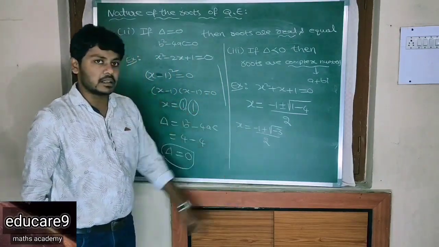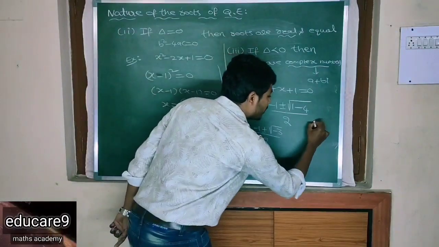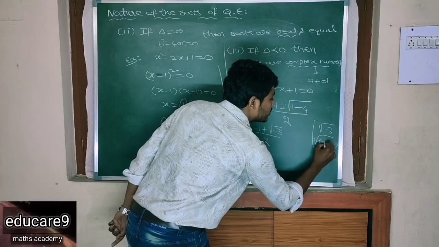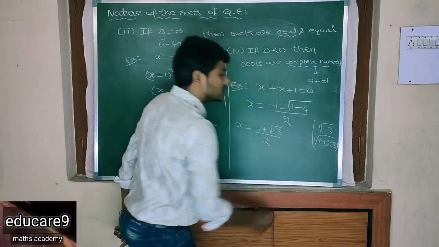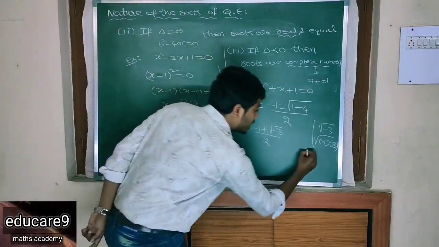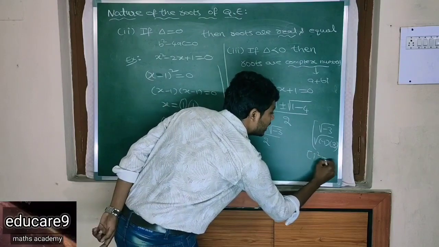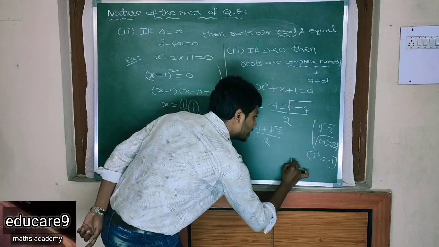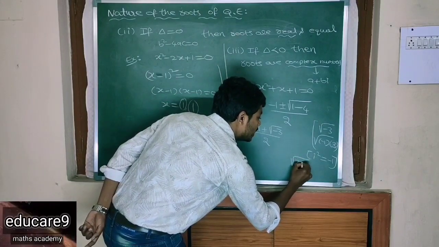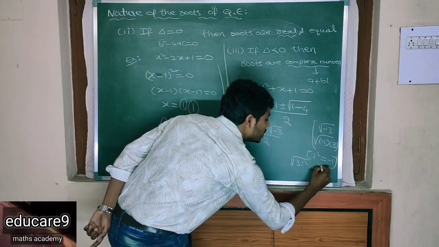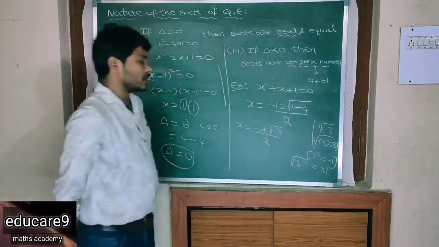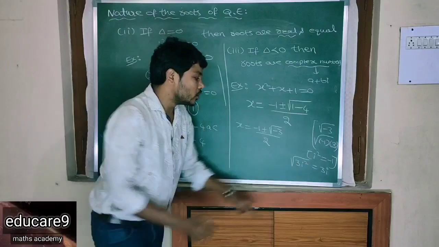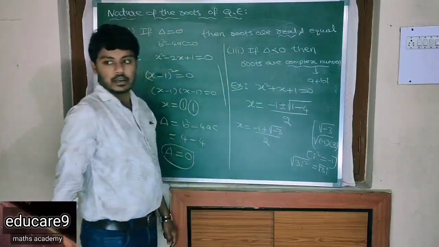Root of minus 3 we write as root of minus 1 into 3. So you know that i square value is minus 1. Now substitute here. What you got? 3i square. This is what? 3i.